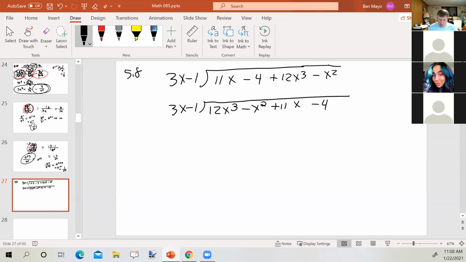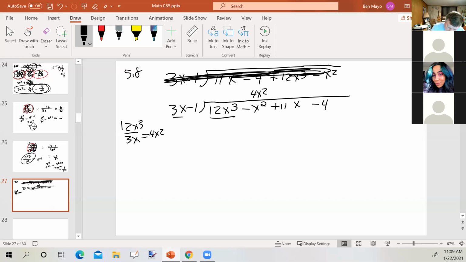So here we go. Leading term divided by leading term. 12x cubed divided by 3x is 4x squared. 4x squared times 3x minus 1 is 12x cubed minus 4x squared.